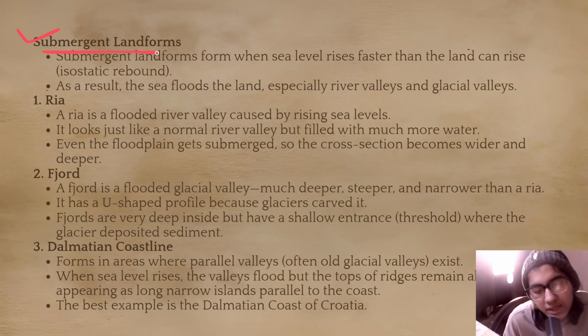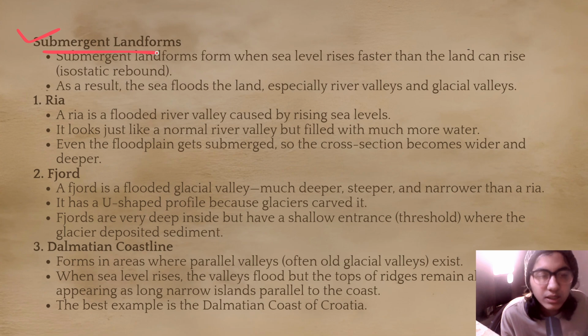Now let's talk about the Dalmatian coastline. It forms in an area where parallel valleys, often old glacial valleys, exist. When sea level rises, the valleys flood, but the tops of ridges remain above water, appearing as long narrow islands parallel to the coast.